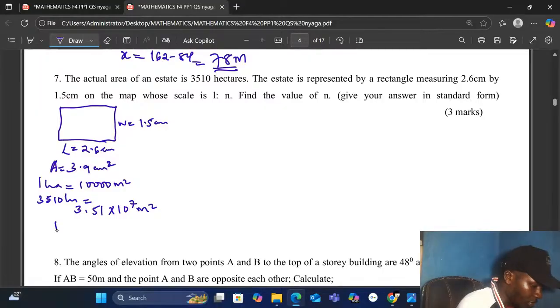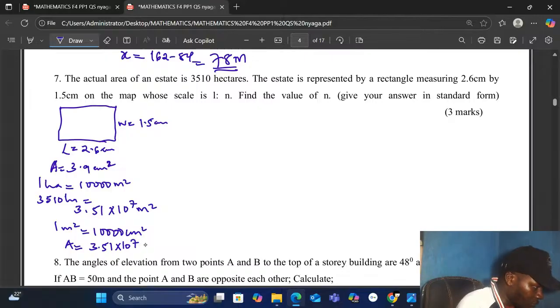So we know that 1 square meter is equal to 10,000 square centimeters. Now we still multiply, so that the area now will be equal to 3.51 times 10 power 7.